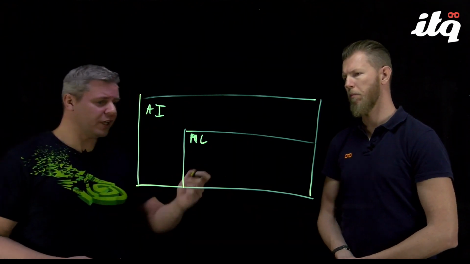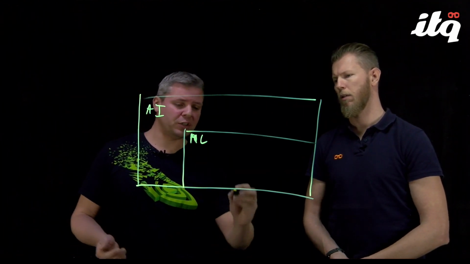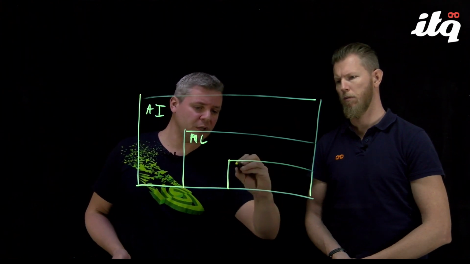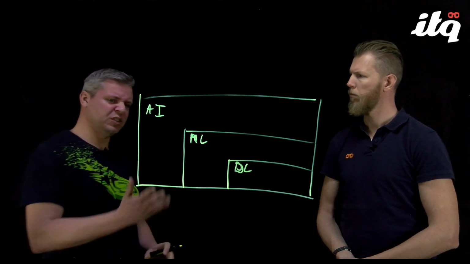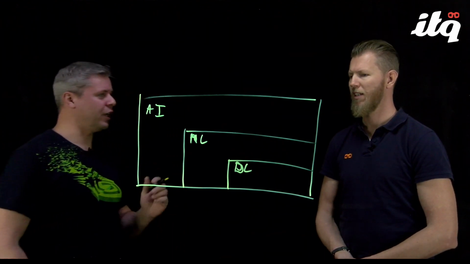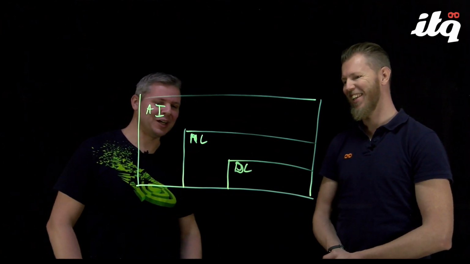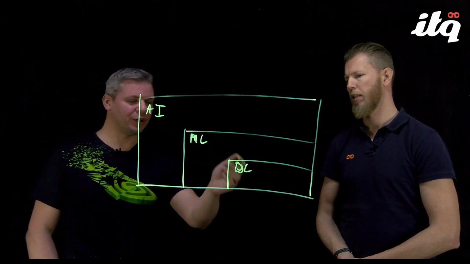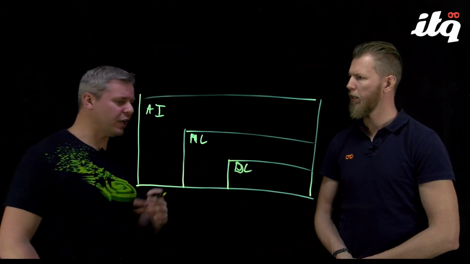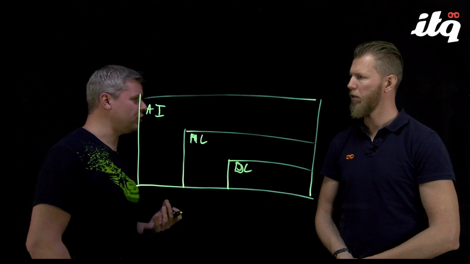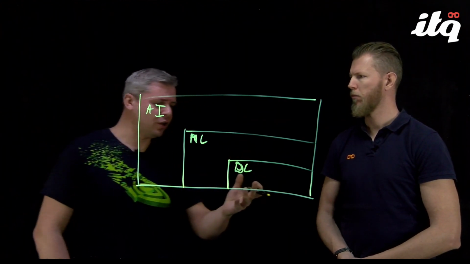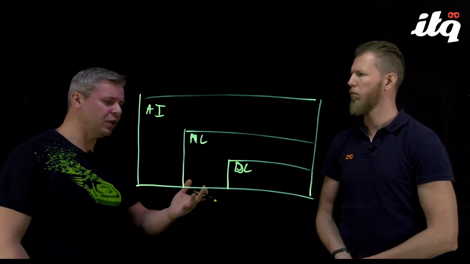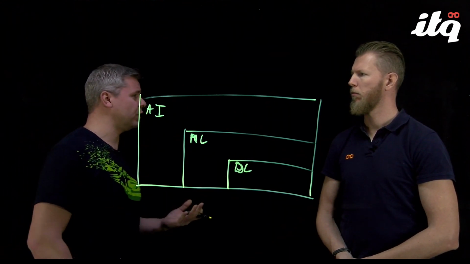So next to machine learning as a subset of artificial intelligence, we also have deep learning. I'm not really good at drawing at a whiteboard, but I'm getting there. So AI, machine learning, and deep learning. Deep learning again is a subset of artificial intelligence, and it really addresses the challenges that we have with machine learning as well.